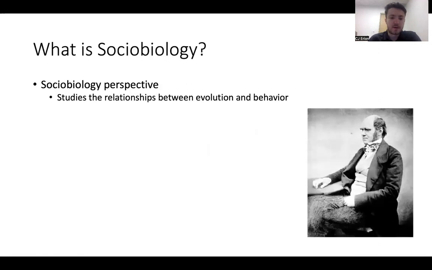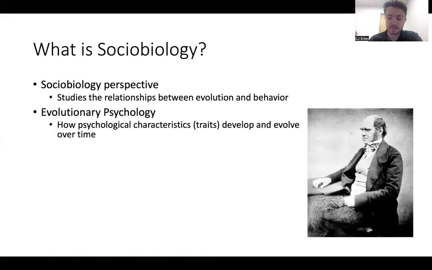So what is sociobiology? From this perspective, researchers look at the relationship between evolution and behavior. So again, taking a biological approach to why we behave in certain ways and how that might be adaptive.